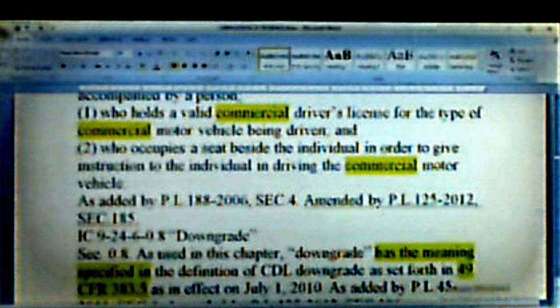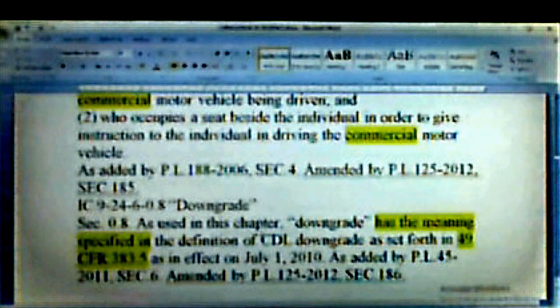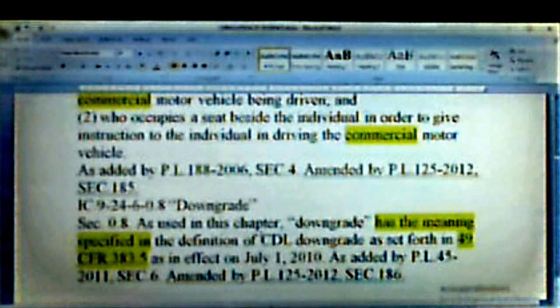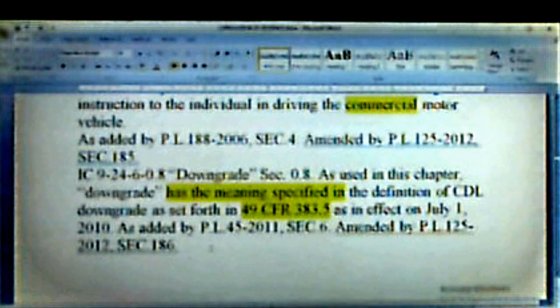You see where commercial, right? So anybody who tells you that the code doesn't define driving or the driver's license as a commercial activity, we can say right here without a doubt that they're lying to us, right?